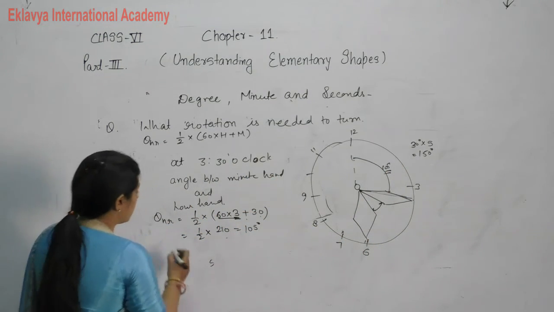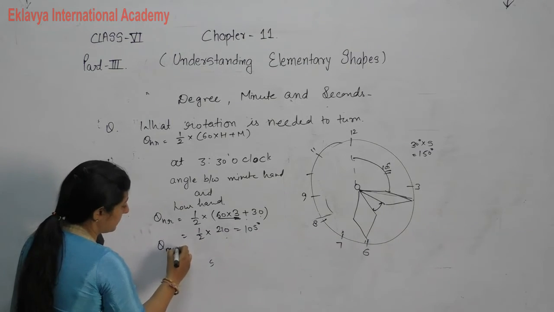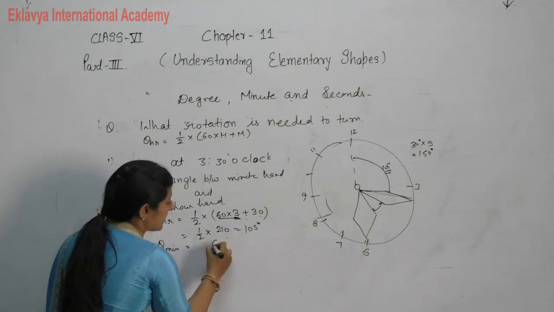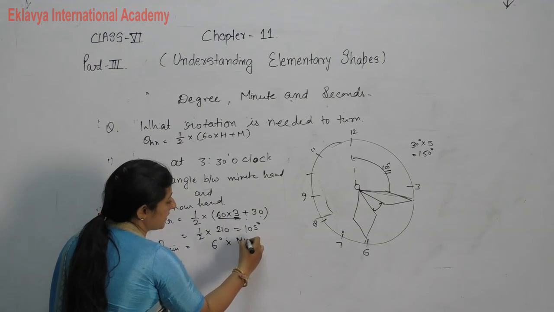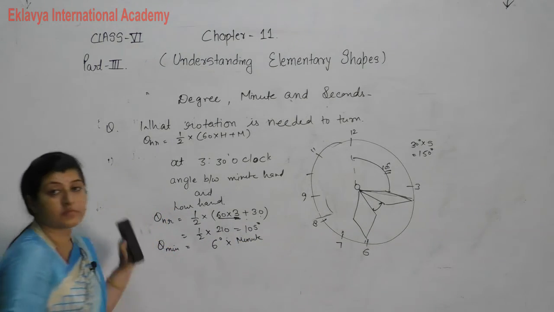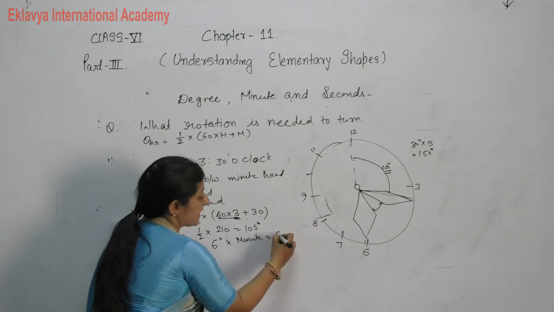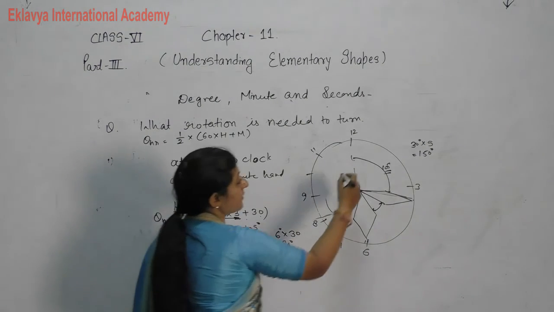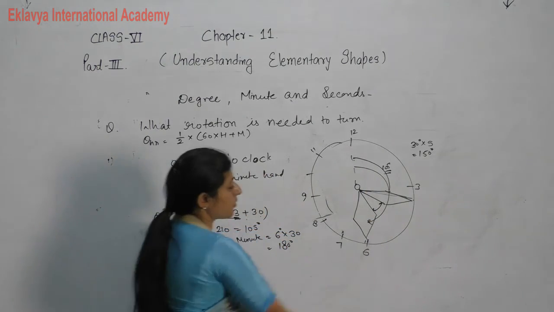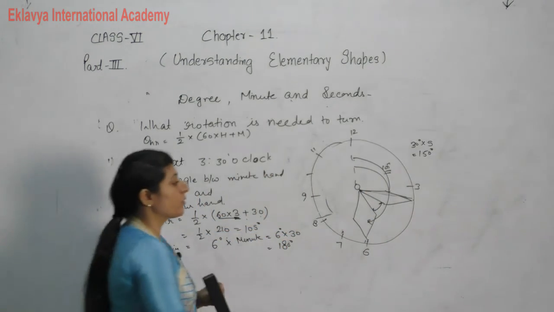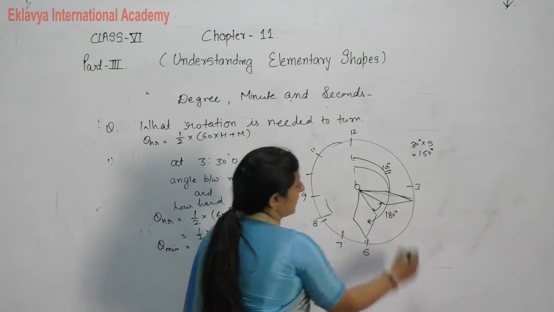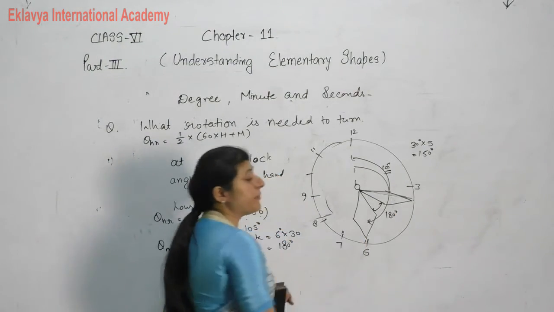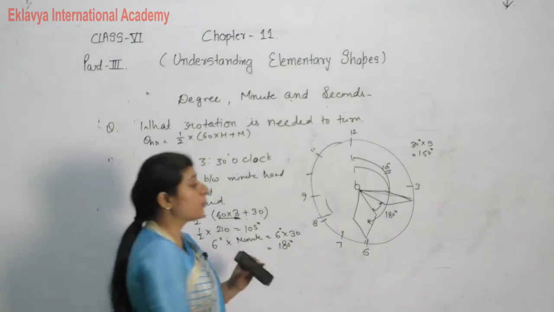Similarly find out theta minute. What is theta minute? That is equal to 6 degree into minute. Then 6 multiplied by 30 is equal to 180 degree. It means the angle made from 12 o'clock to this position is 180 degree. But what do we want to find out? We want to find out the angle between the minute hand and the hour hand. Then how to find out?